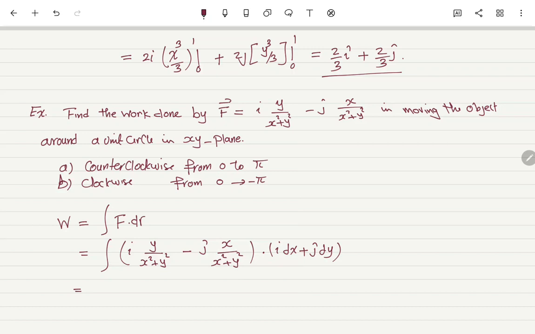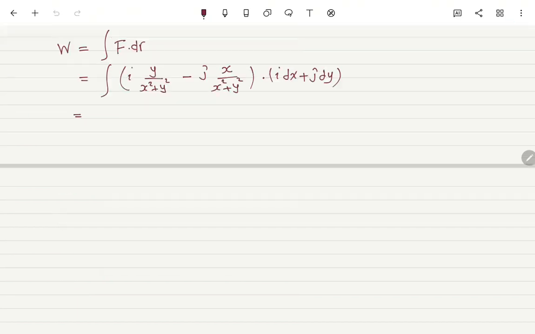This is equal to integration of y over x squared plus y squared dx minus integration of x over x squared plus y squared dy.